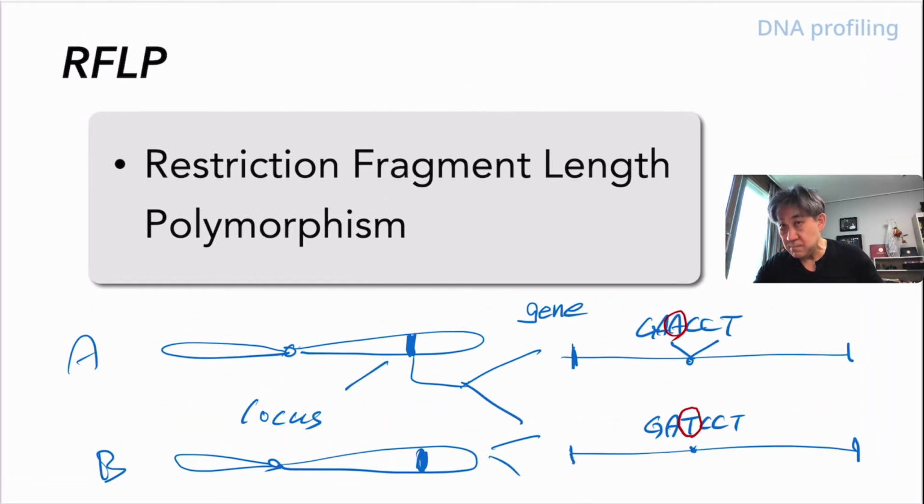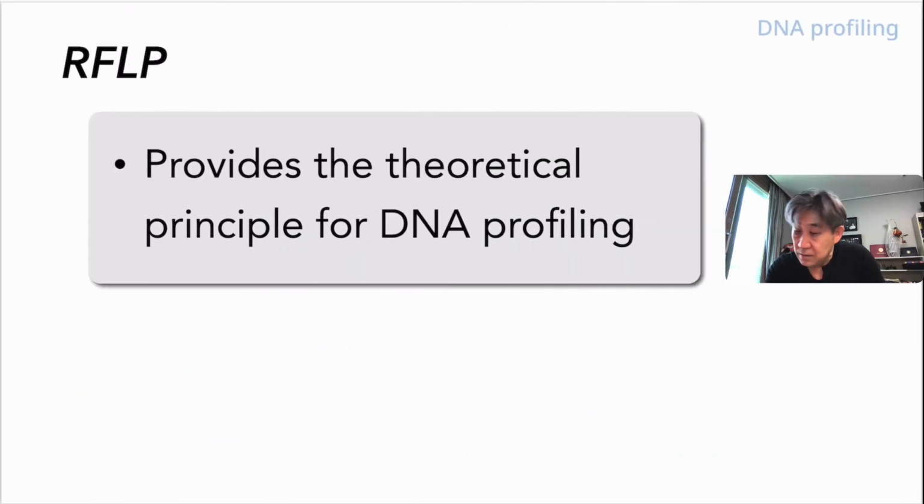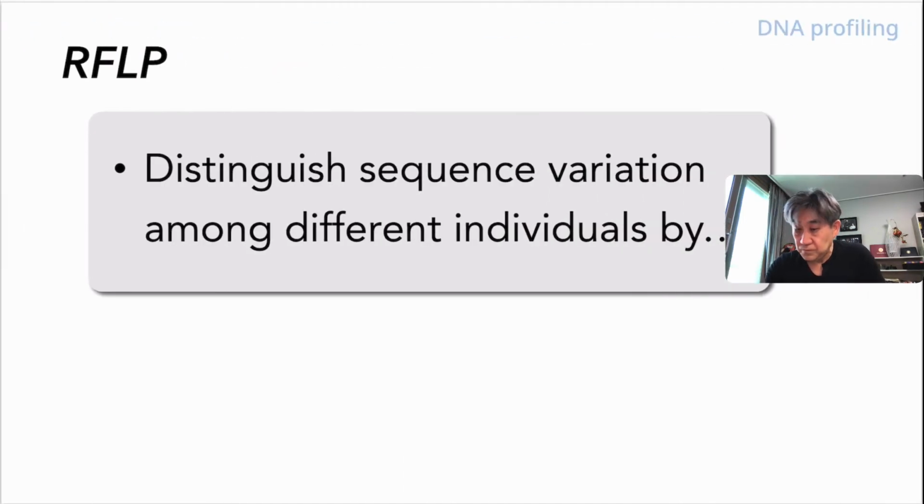So technically, the technique by which this change in DNA sequence was detected has been, classically, traditionally, the principle for this whole DNA profiling. Okay? How is it actually done? RFLP.